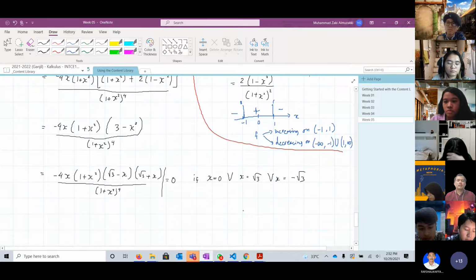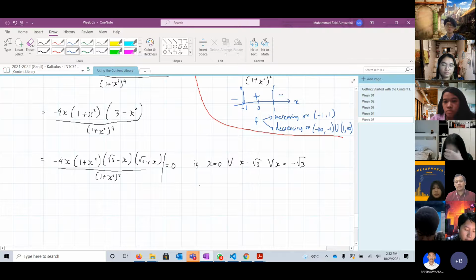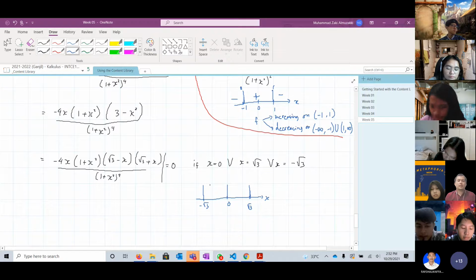And from the second derivative, we build the lines again. x. We have 0 and minus square root of 3 and plus square root of 3, and we build the wall on all of them. The powers are 1, 1, 1.